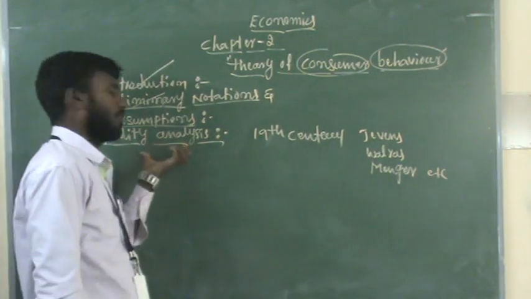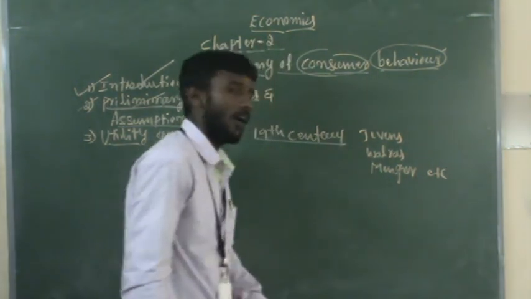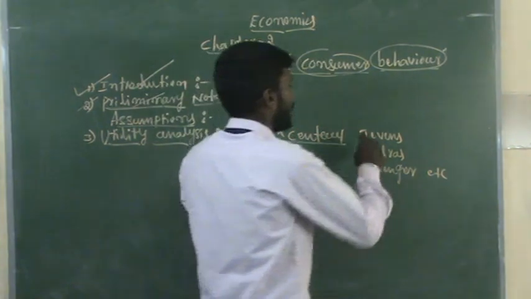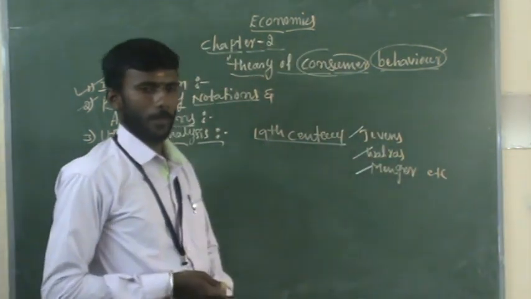Now the concept of utility analysis during the 19th century was developed by some famous economists like Jevons, Walras and Menger.